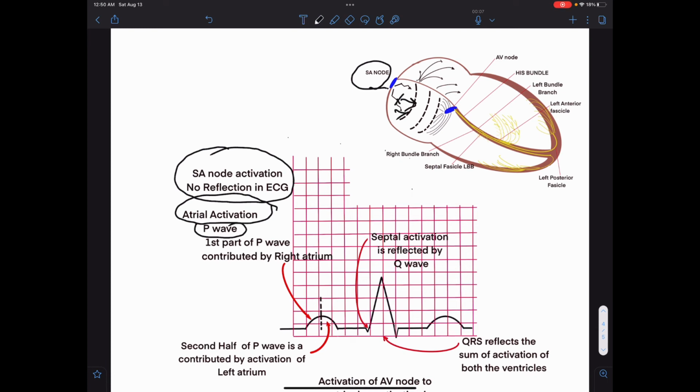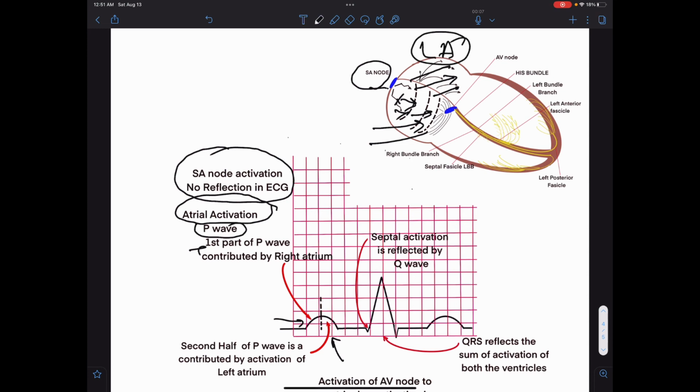Now the first part of the P wave is contributed by activation of the right atrium, and the second part of the P wave is formed by the activation of the left atrium.